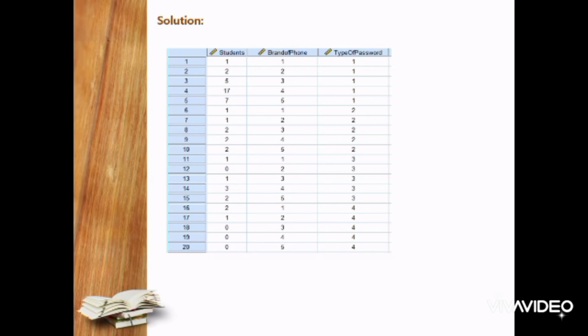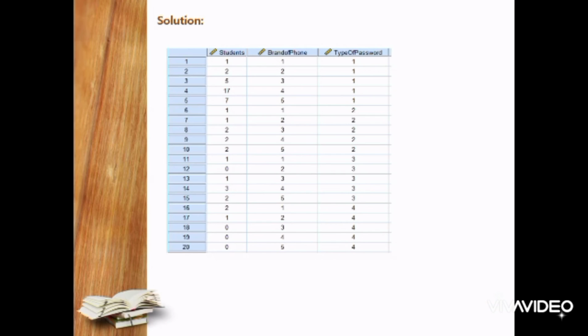After that, we select analyze, descriptive statistics, and go to cross tabs, and we select the brand of phone, move to row, and type of password, move to column, and then click statistics, then click chi-square box, then click OK.